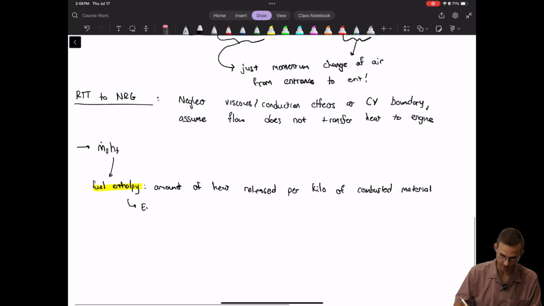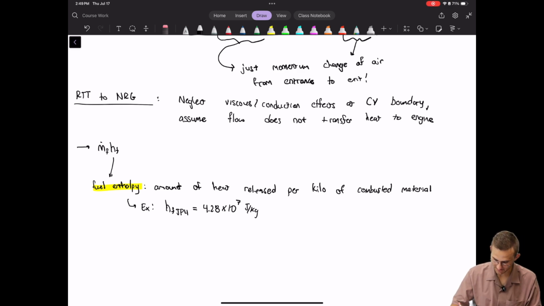Some examples, if you look at a very common jet fuel called JP4, this is 4.28 times 10 to the 7th joules per kilogram. Okay. If we just looked at what the enthalpy is of regular old air, which is equal to Cp of air times T at standard temperature and pressure, this thing is equal to 2.896.